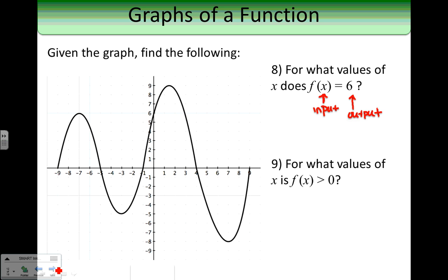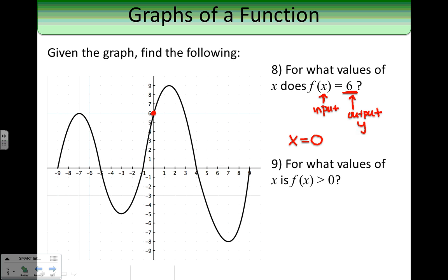So in this case, I'm given what my y value is, but I need to figure out what input I need to put in to get an output of 6. Okay, so I'm given the output, I'm given the y value. So go to your graph and find out where 6 is on the graph, and the x value that corresponds to that is 0. Okay, so x is equal to 0.